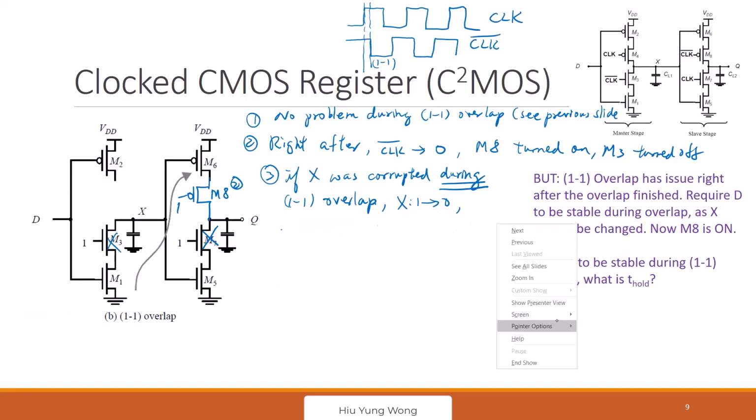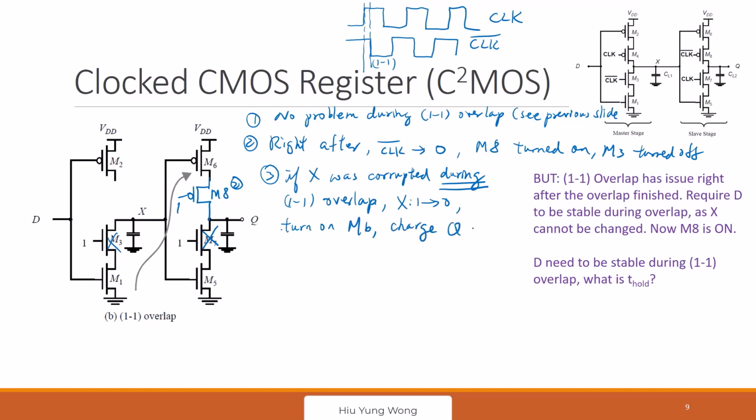If X was corrupted during the 1-1 overlap, X will go from 1 to 0. It was at 1, so I expect Q to be 0, right? But because now you change from 1 to 0, once after the overlap, it will turn on M6 and charge Q from 0 to 1, right?